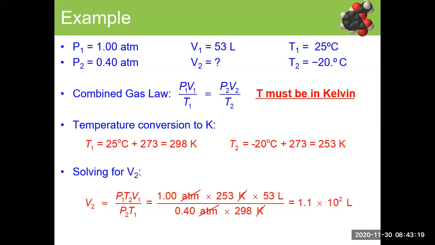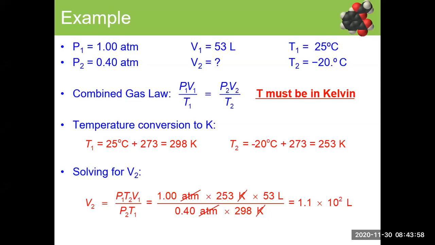So we would then plug in our P1 value of 1 atmosphere, our T2 temperature value, that's 253 Kelvin, and then our V1 volume, which is 53 liters, and then divide that by P2 value of 0.40 atmospheres times T1, which is 298 Kelvin. We do the calculation, and we get 1.1 times 10 to the second liters.